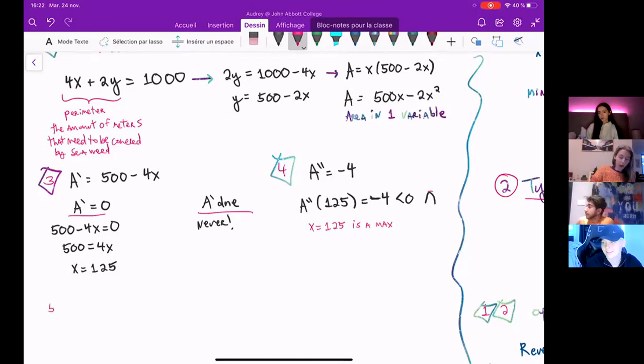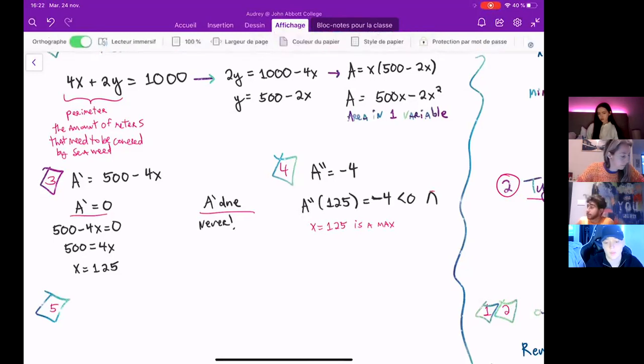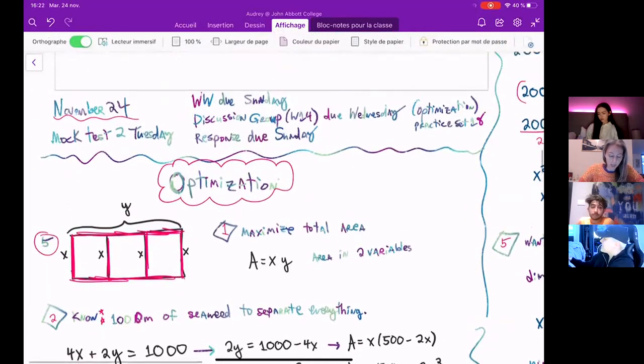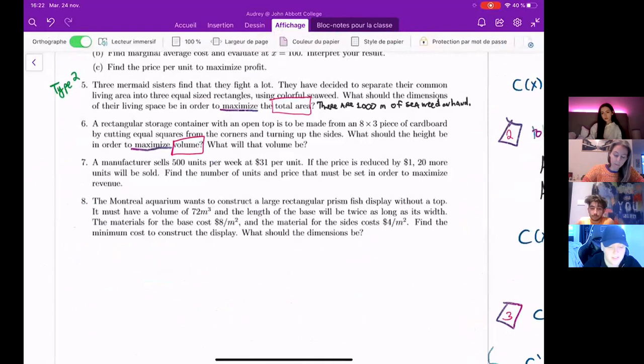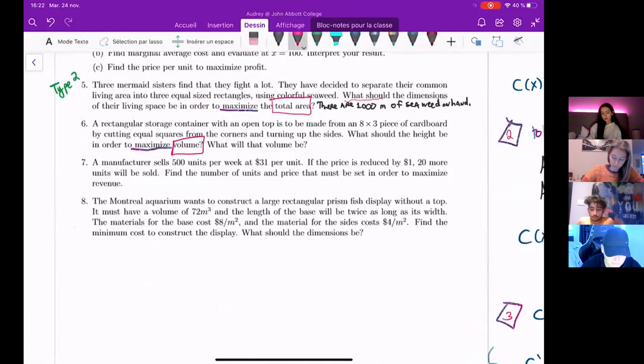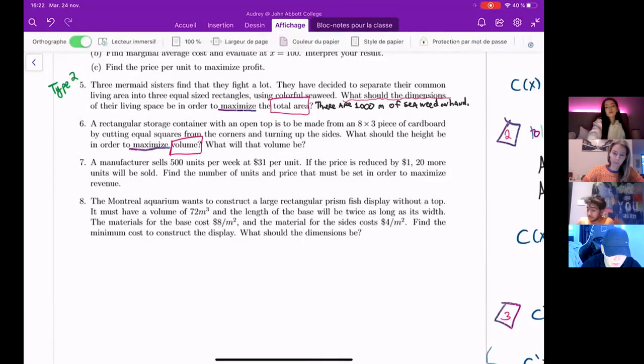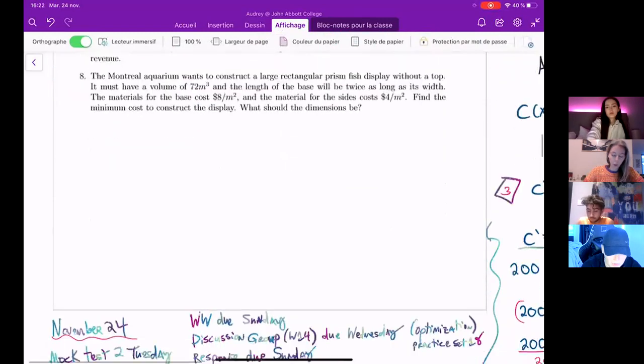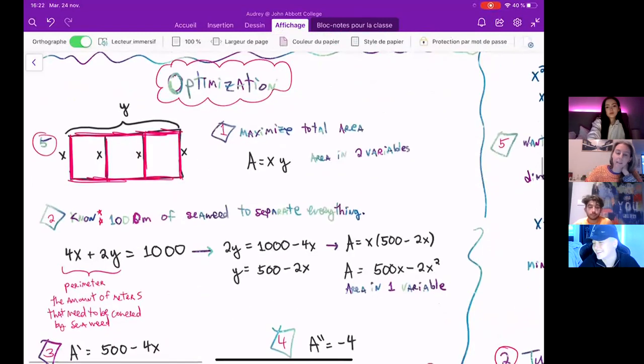So then step 5, we want to answer the question. And the question is, what should be the dimensions? So how am I going to solve for Y to get dimensions?